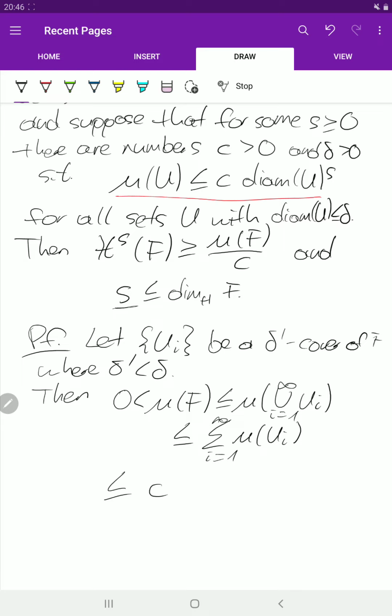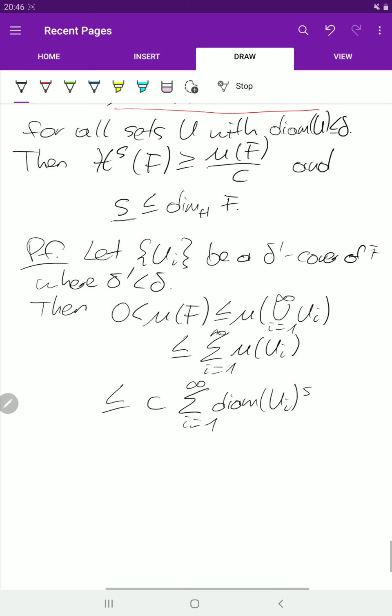We use that all these U_i have diameter less than delta, so we get that this is at most c times the sum over i equals 1 to infinity of the diameter of U_i to the s.